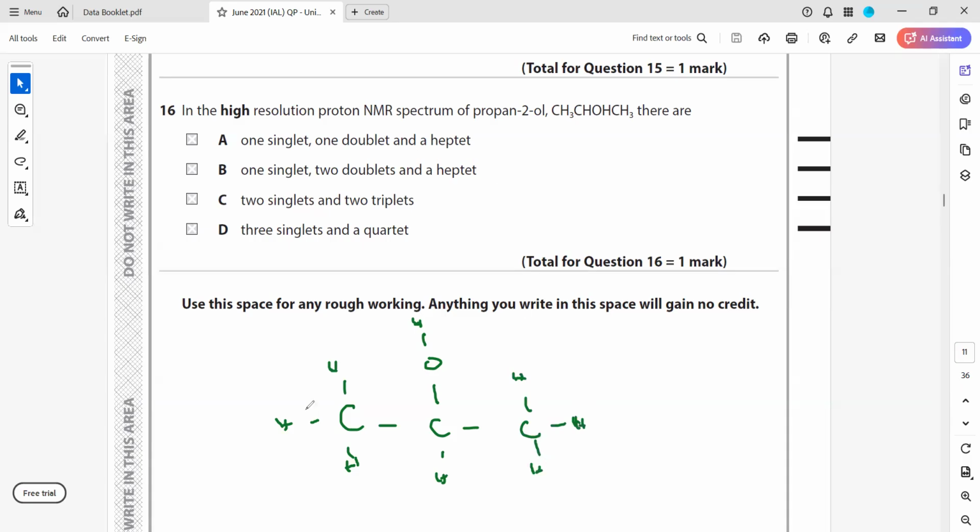This is one hydrogen environment. This is one hydrogen environment. This is second hydrogen environment. This is a third hydrogen environment, and this one is a fourth hydrogen environment. So four hydrogen environments are there.